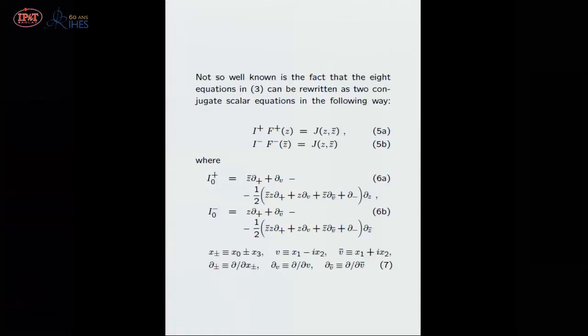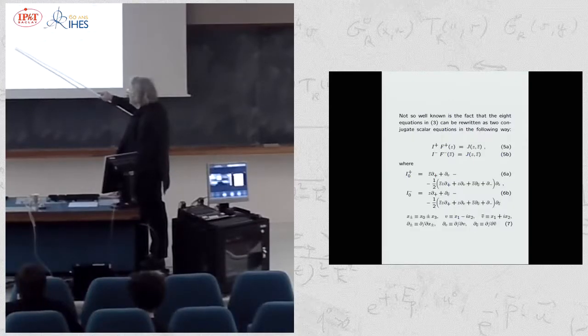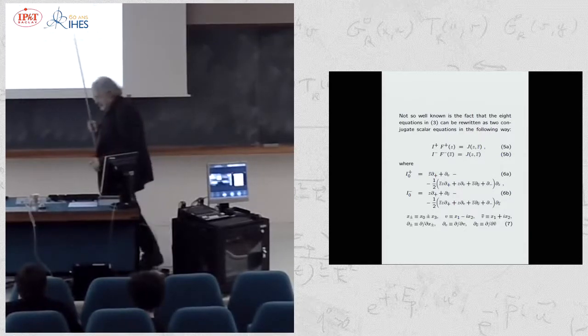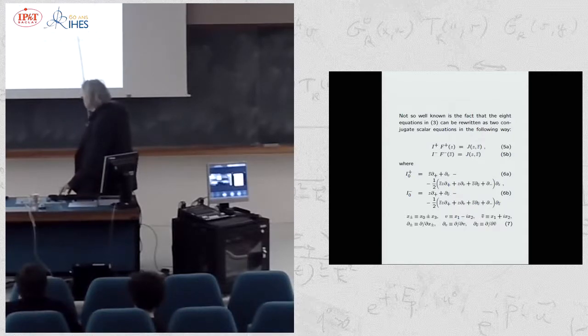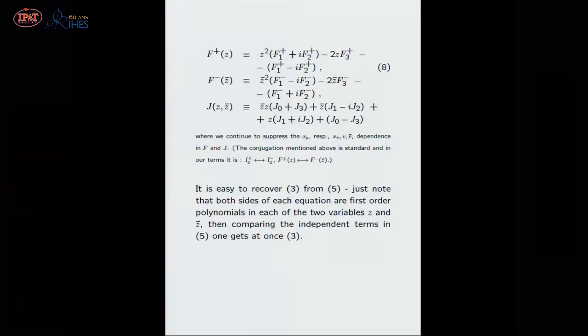Is Z the same as V? No. Minkowski coordinates are denoted by X plus minus and V bar. And Z and Z bar are two additional variables. Until this moment, they are bookkeeping devices.